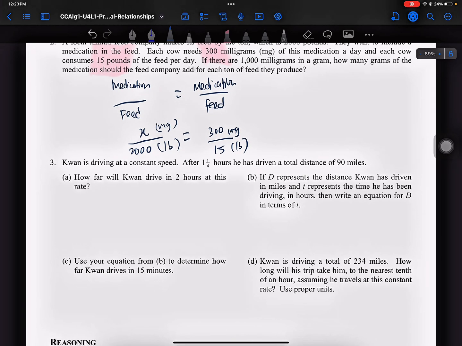Then what we need to do is cross multiply. So we will have 15x equal to 600,000. So for x, we divide 15 on both sides. It gives us 40,000 mg.